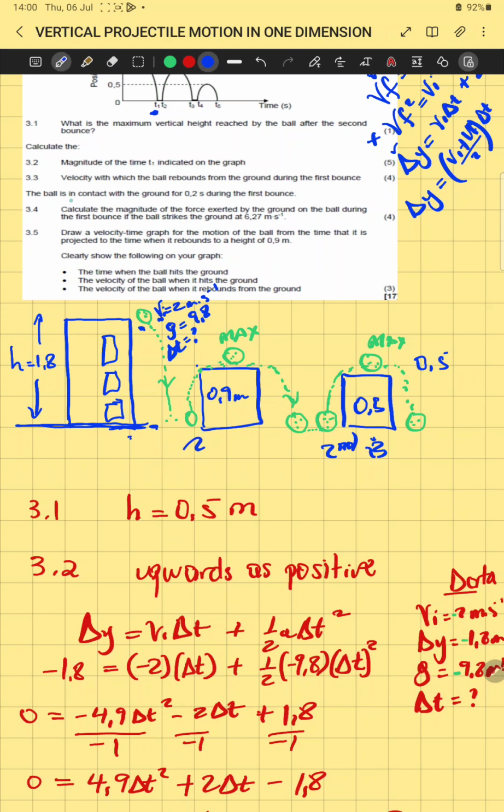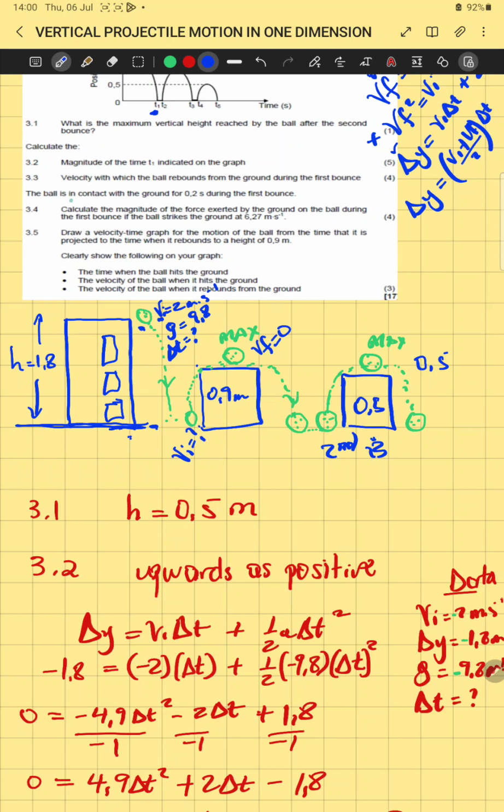So now we want to see the initial velocity here. What will be the initial velocity during the first bounce? And then we know that at maximum here, the final velocity will be 0. So we do have the height. So we want to know what is the initial velocity here.